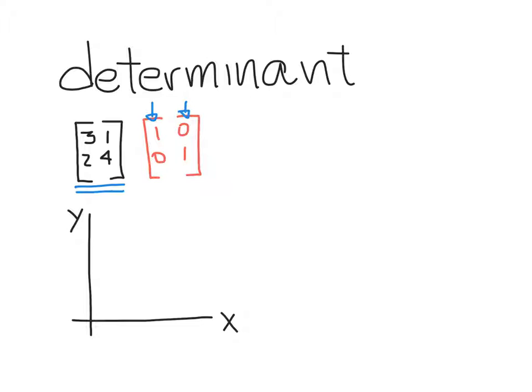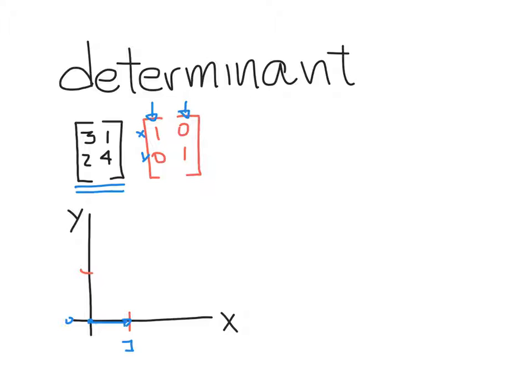The first vector is 1 in x, 0 in y, so this is x, this is y. So 1 in x, 0 in y means that there is a vector going from the origin 0, 0 to 1 in x, and this is 1 in x.